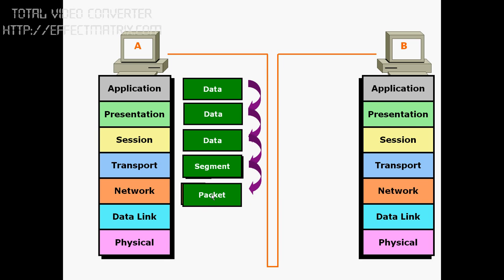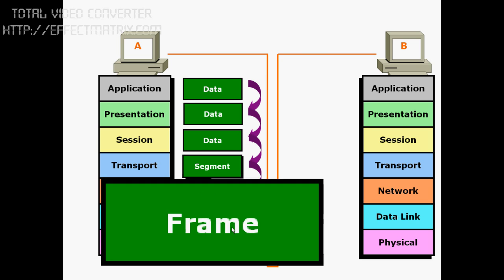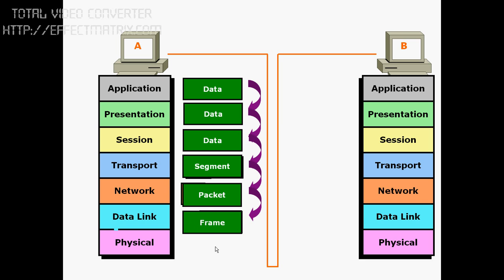That network layer packet, whenever it is sandwiched in between the data link layer header and data link layer trailer, ultimately gives rise to a frame structure, which is further converted to a bit pattern over here. This is how at the sender end, or at the side of workstation A, the process happens.